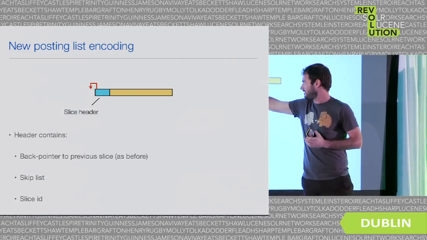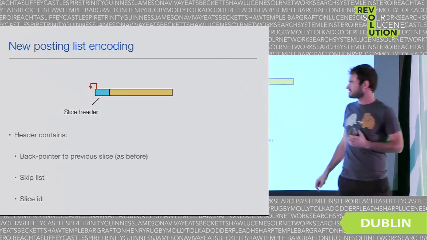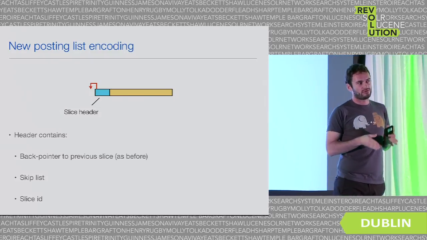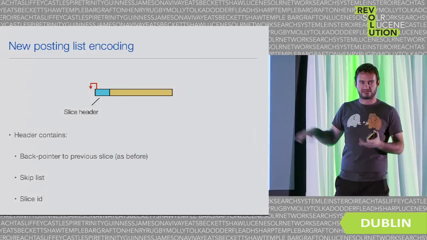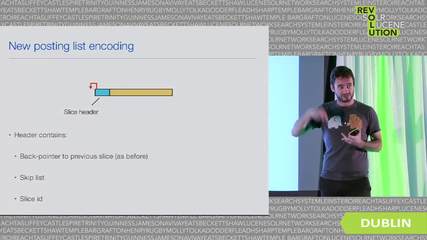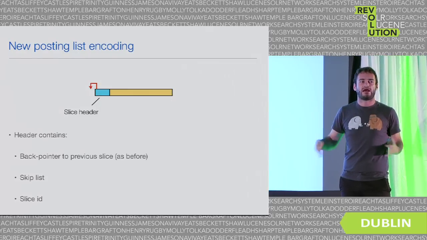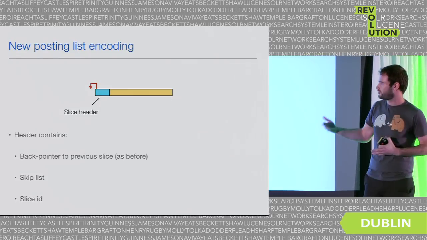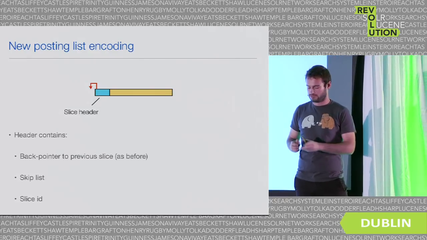The first integer, as before, has a back pointer, and the next section in this header has the skip list for all postings in the slice, which contains the pointers to the position payload stream, and it also contains the doc IDs at the positions where these skip points are.